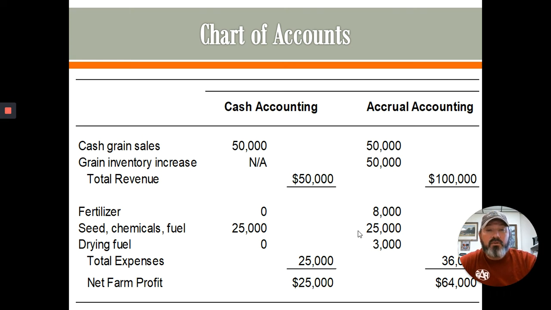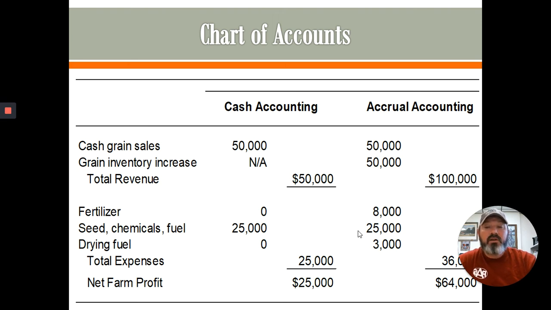If we did that in an accrual accounting system, we had $50,000 in grain sales. We also kept $50,000 of grain in the bin, so it has value. So that's $100,000 that we actually have in total revenue. We, for example, prepaid some expense, $8,000 for fertilizer.